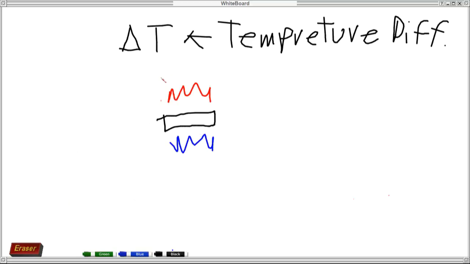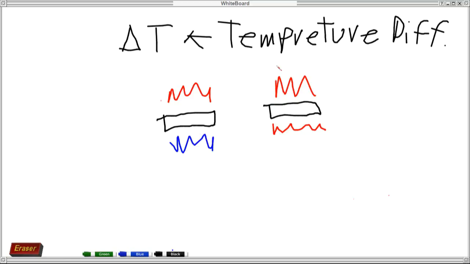Then it's more likely that that heat is going to travel from the hotter side to the cooler side much more easily than if you had a smaller temperature difference, in which, for example, the aluminum plate has a certain amount of heat and below it has a certain amount of heat, not that much different from the top portion.